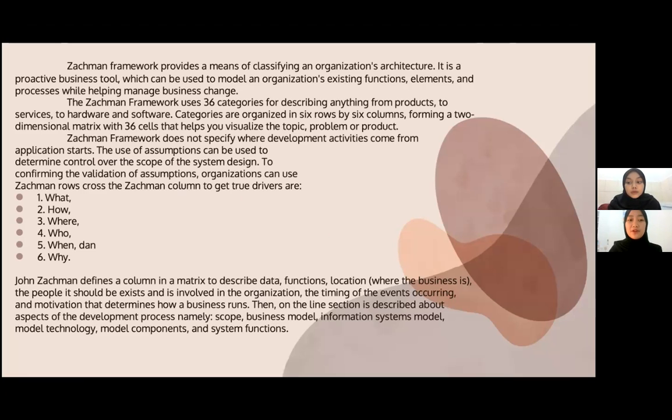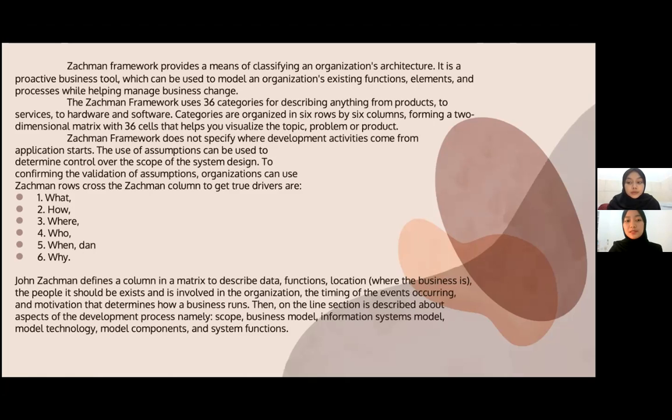The Zachman framework uses 36 categories for describing anything from products to service to hardware and software. Categories are organized in 6 rows by 6 columns, forming a two-dimensional matrix with 36 cells that helps you visualize the topic, problem, or a product.